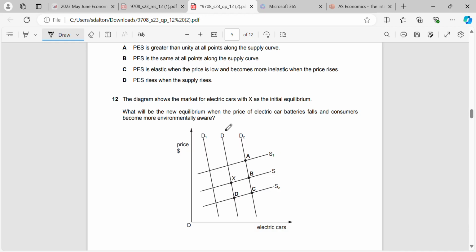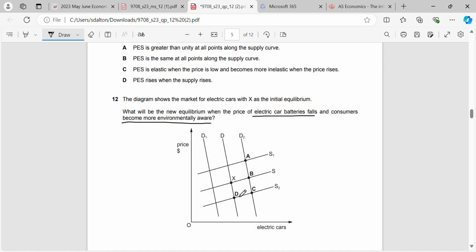Question 12. Diagram shows the market for electric cars with X as the equilibrium. What will the new equilibrium be when the price of electric car batteries falls and consumers become more environmentally aware? Okay, so if we take it step by step, right?